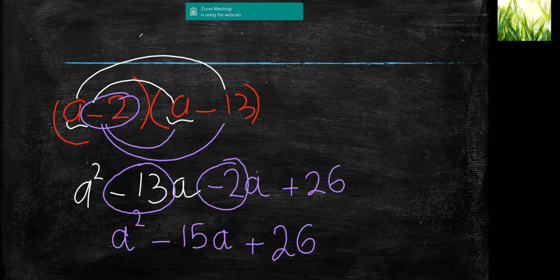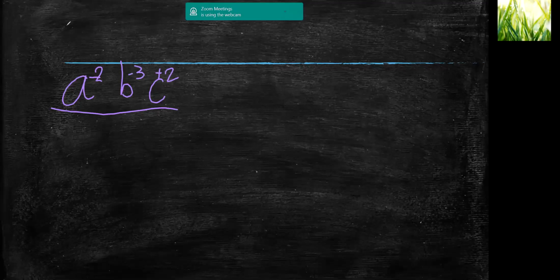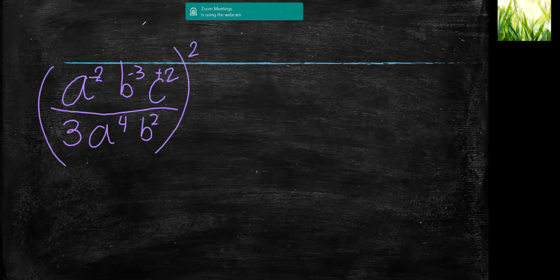Okay. Now let's revise one example from chapter 7. If you have a to the power negative 2, b to the power negative 3, c squared, all over 3a to the power 4 and b squared, raised to the power 2. The first step, what do we have to do?